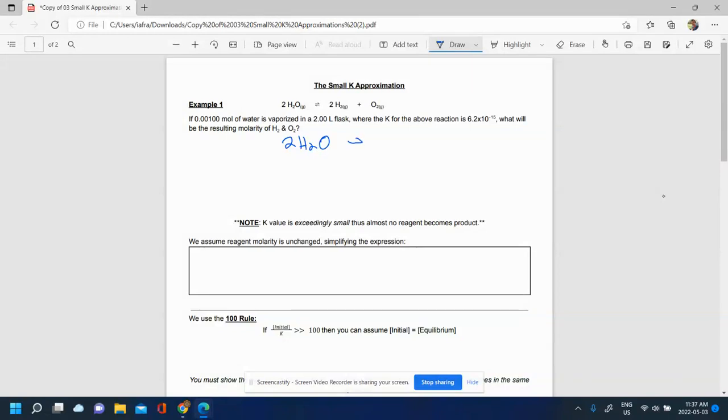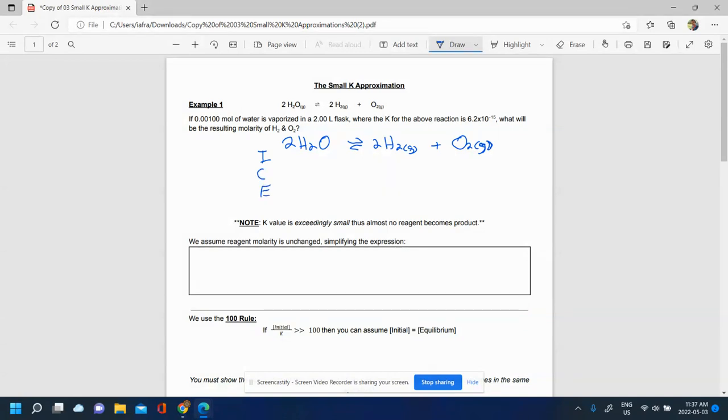So in general, what you would do is make an ice table. It's an equilibrium. You'd write your ICE over here.